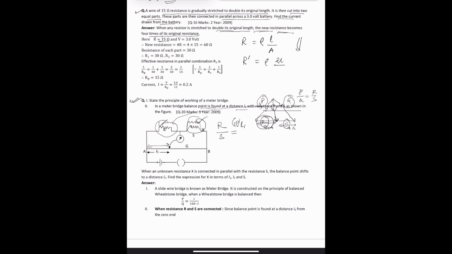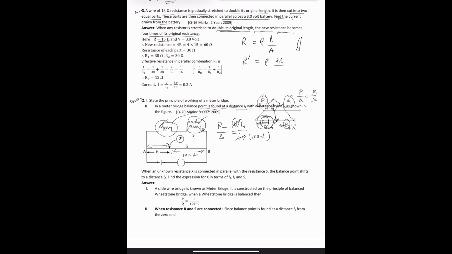So the resistance from this point A to J is I rho L1, and the remaining part, total is 100 centimeter, so this length is 100 minus L1. So it is I, current in the meter bridge, times resistance per unit length, times 100 minus L1. So this is the principle of meter bridge.